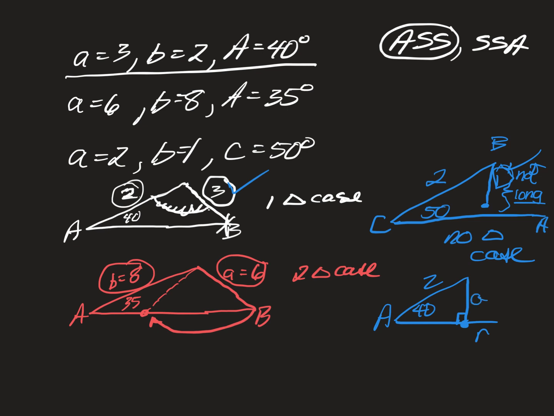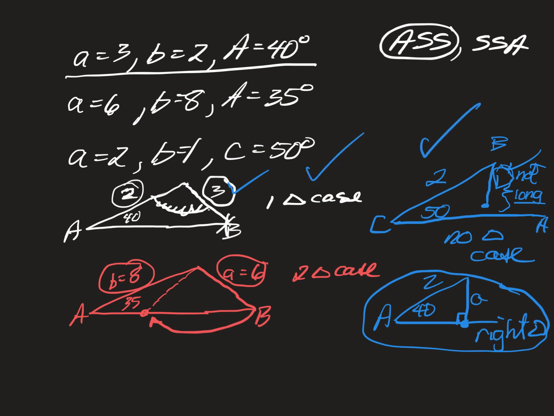Or side A is just long enough to reach. So you could make one right triangle. All right? And so it's this case that'll give us a test that we can use to help us with these other two cases. Okay? And to know for sure which one is right.